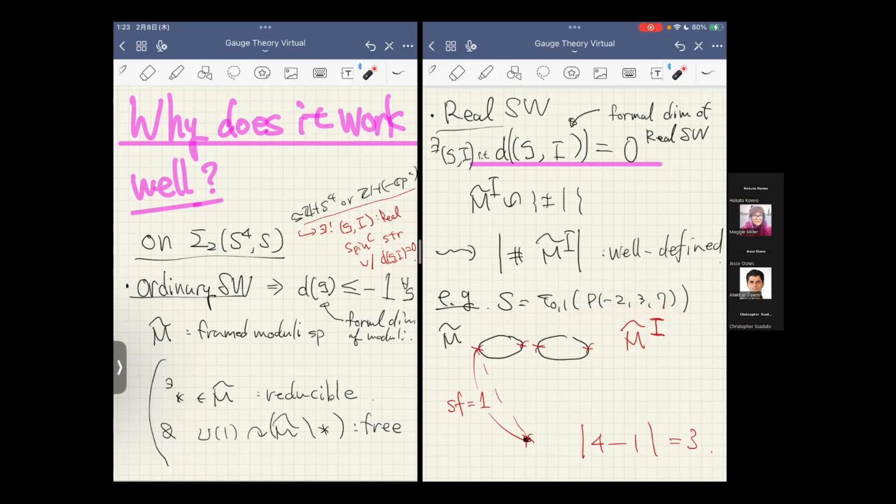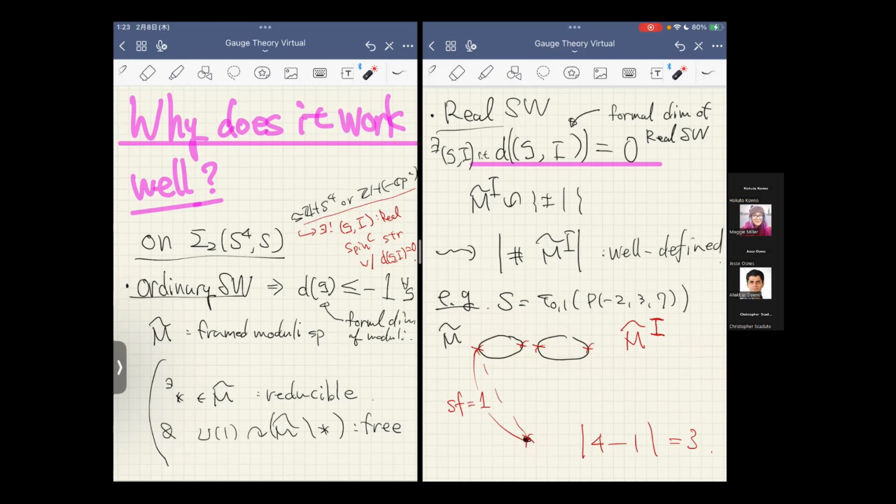And this is a picture of the framed moduli space of the ordinary Seiberg-Witten equations on this four-manifold. This is the double branched cover along this two-knot. There are two irreducible solutions and one reducible solution.